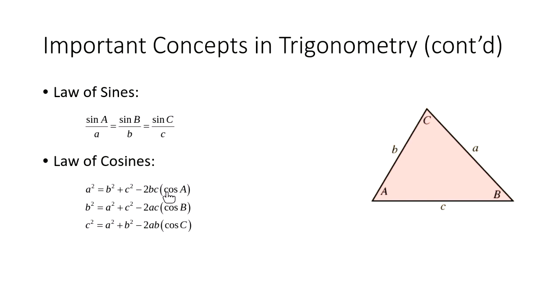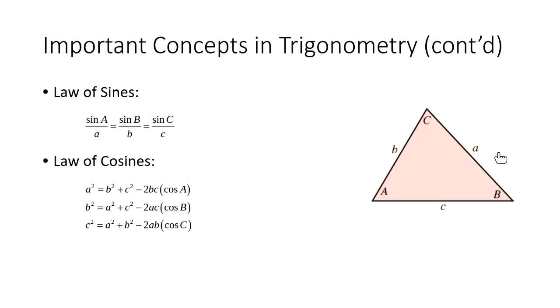The law of cosines is sometimes referred to as the side-angle-side rule, because if you know, say, side b, side c, and angle A, you don't have enough information to apply the law of sines, but you can apply the law of cosines to determine the length of the other side.